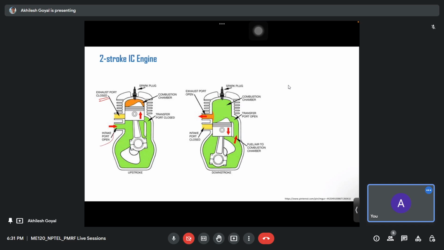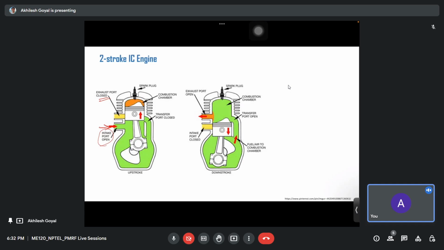As this intake port opens and the piston moves upward, the air or air fuel mixture is sucked into the engine, and as soon as the piston reaches the top position and combustion starts, the piston starts moving in the downward direction.